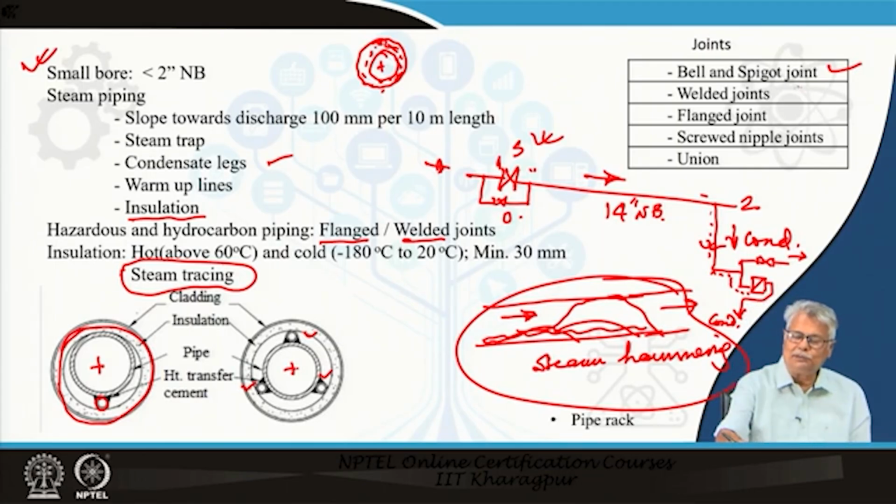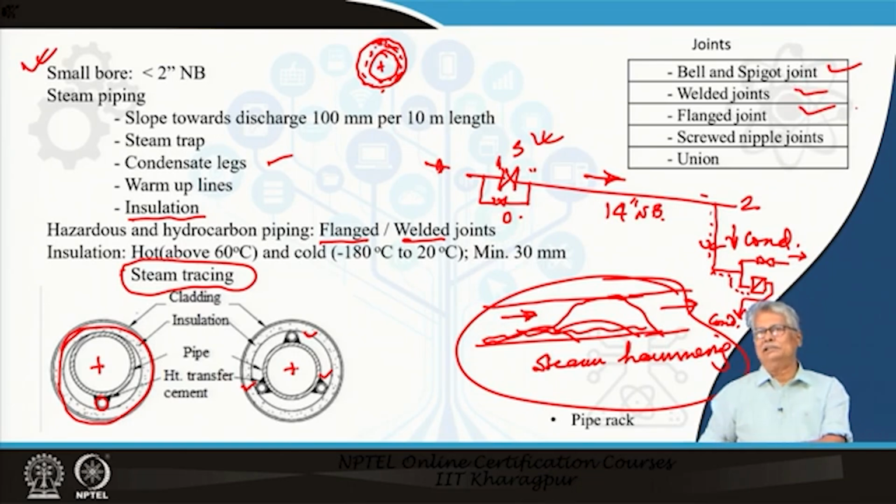You have welded joints which we have just talked about, and the flange joints also, and these two are the most reliable ones. Quite naturally, you go for flange joints when you require a reliable joint which should not leak, but you cannot have a permanent fixing, because welding will make the joint permanent. Screwed nipple joints and union joints are used for low pressure systems like water lines.